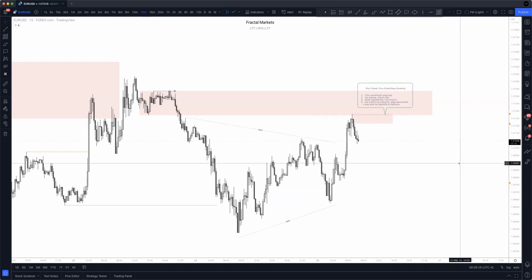So we already know that. So if and when that hits there, you have your waypoint, and you just say, okay, if this happens, here's what I need. We have a 15-minute unrefined zone, 1 minute sweep, 1 minute chalk and flip. What caused the 1 minute chalk? Set a limit on the extreme, play the decisional, pay attention to the liquidity and delivery. Done. Walk away. That's all you need to do.